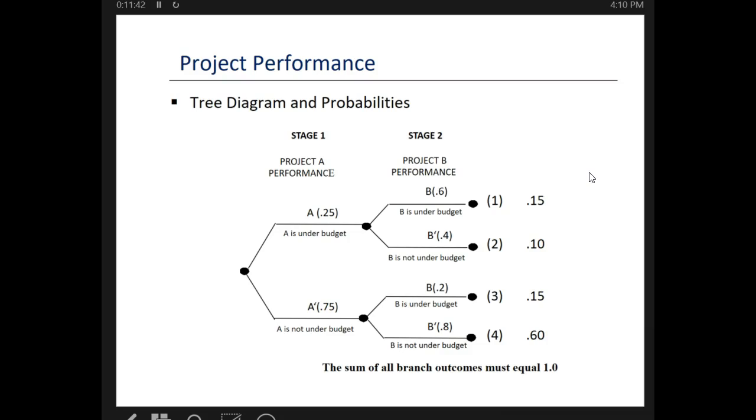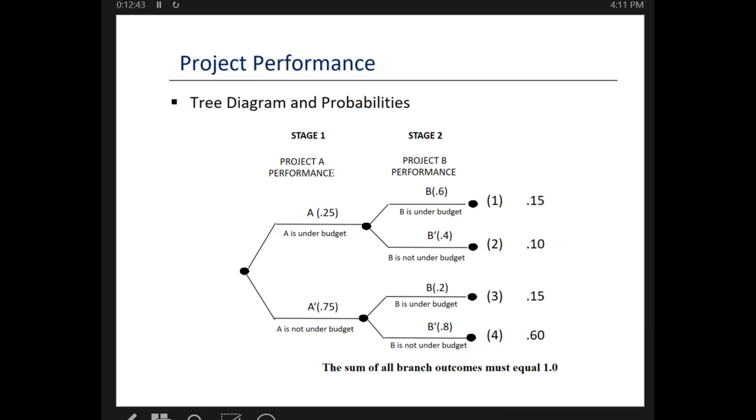Likewise, 70% is over budget or not under budget. Stage 2, second project being evaluated, 60% of the time it's under budget, 40% not. When A was not under budget, it is indicated that 20% of B is under budget and 80% is not.